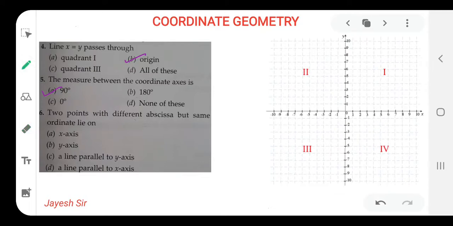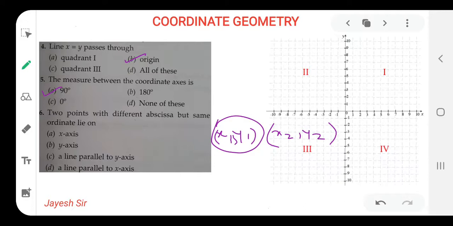Two points with different abscissa. Abscissa means the value of x would be different. So the points are (x1, y1) and (x2, y2), with different abscissa but the same ordinate.